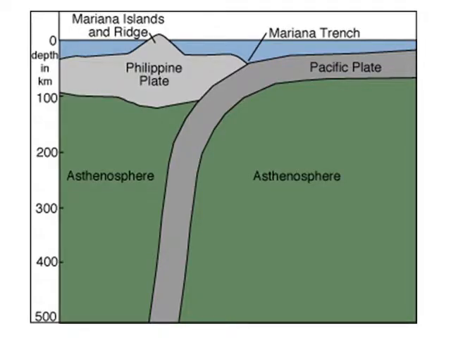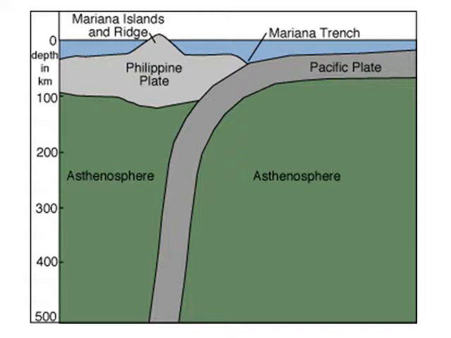So on the next slide here, this is just a cross section of a trench. So here, for example, you have the Philippine plate that the Marianas Islands sits on, and you have the Pacific plate on the right hand side. You can see the Pacific plate is subducting under the Philippine plate because the Pacific plate is the more dense of the two oceanic plates, and therefore creates the Marianas Trench, which is the deepest trench in the ocean.